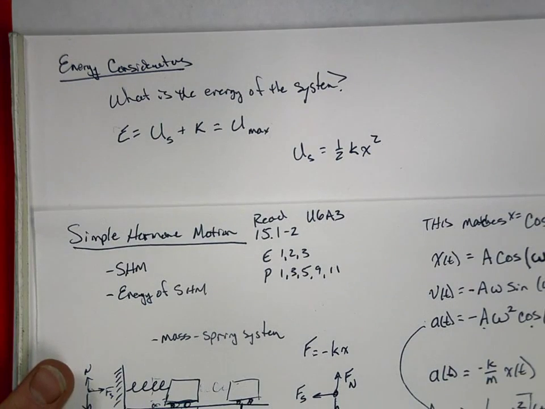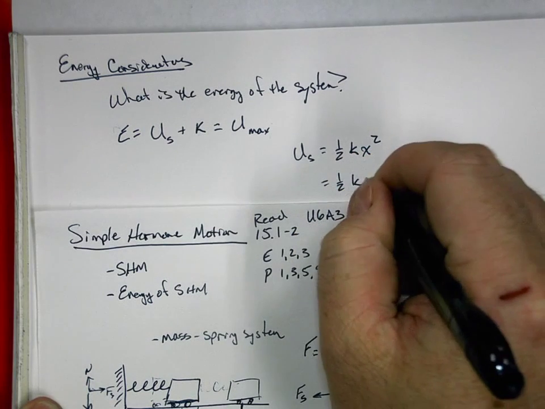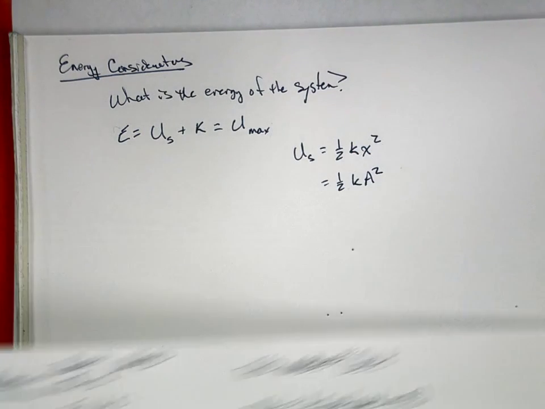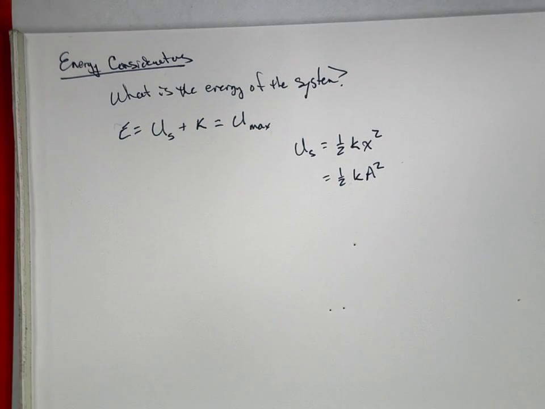But in our example here, our x is really the amplitude of our oscillation. So it's really going to be 1/2 ka squared, where a is the maximum, the amplitude of our swing here.